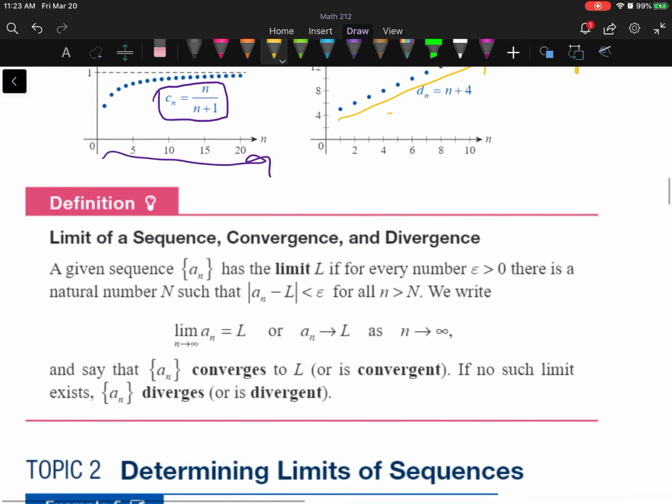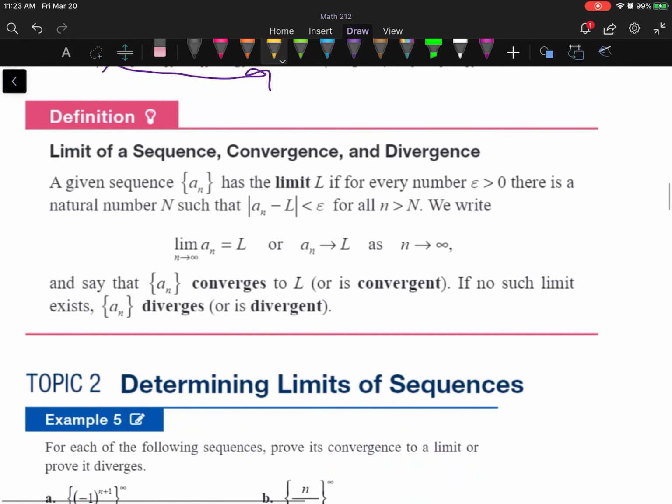Formally, here we can look at the definition of a limit of a sequence and determining whether it's convergent or divergent. Let's go ahead and read this.